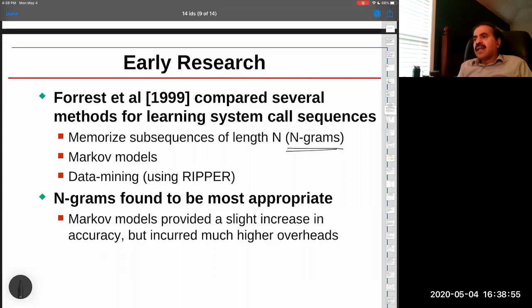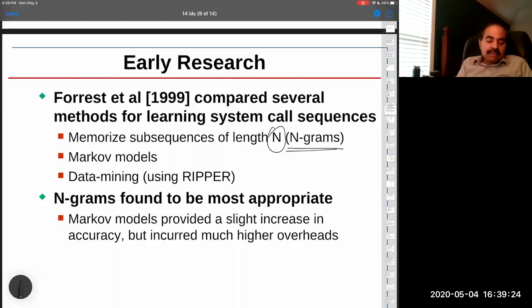If you write out all of the system calls that an application makes, then you can take substrings of length n out of this sequence, and that is called an n-gram. You can say that the behavior of a program is simply the set of all n-grams that it ever makes during normal activity.